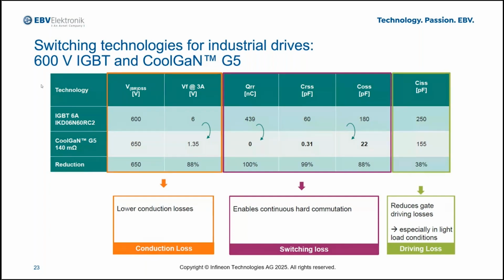And in light load condition, you also have a smaller input capacitance, which reduces in the end the gate driving losses. So all of this contributes to reduce the total losses of the system.